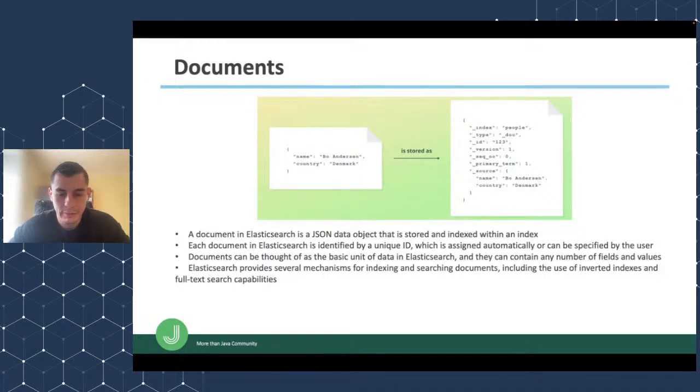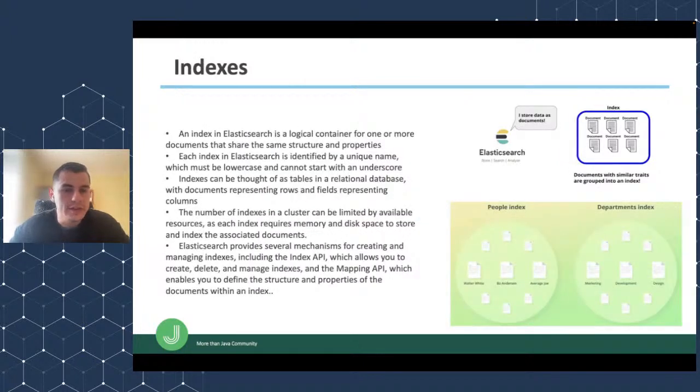Elasticsearch also provides several mechanisms for indexing and searching the documents, including the use of inverted indexes and full text search capabilities. So the next part of our abstraction is indexes. What does indexes mean? Basically, Elasticsearch stores data as documents, but a set of documents is combined, grouped into an index.